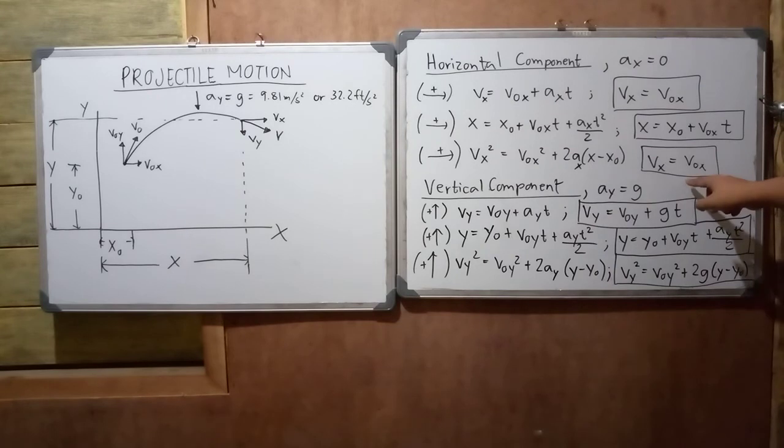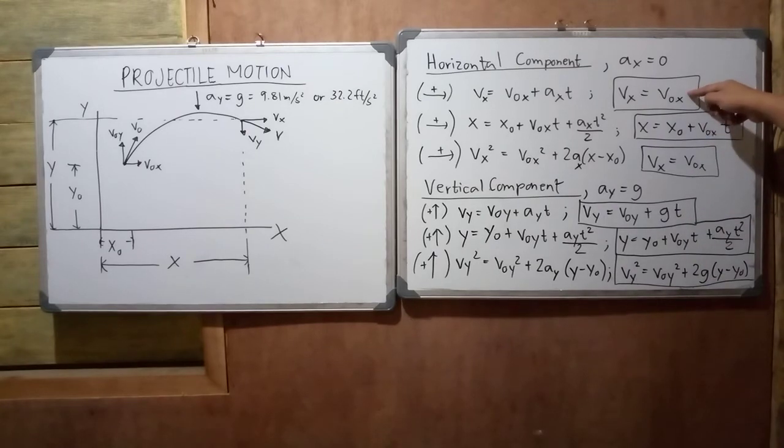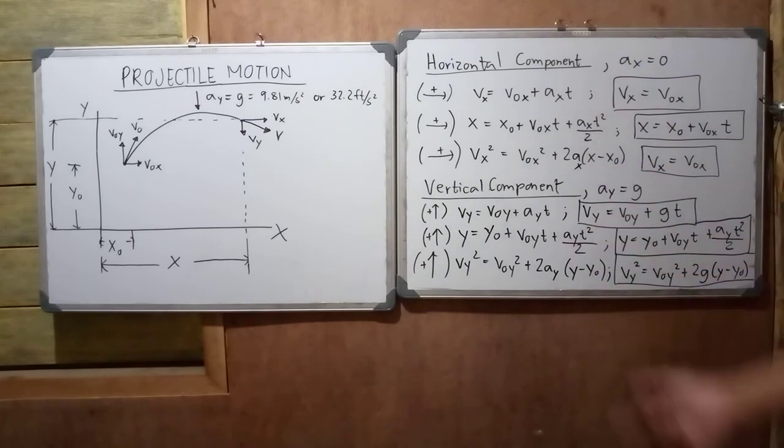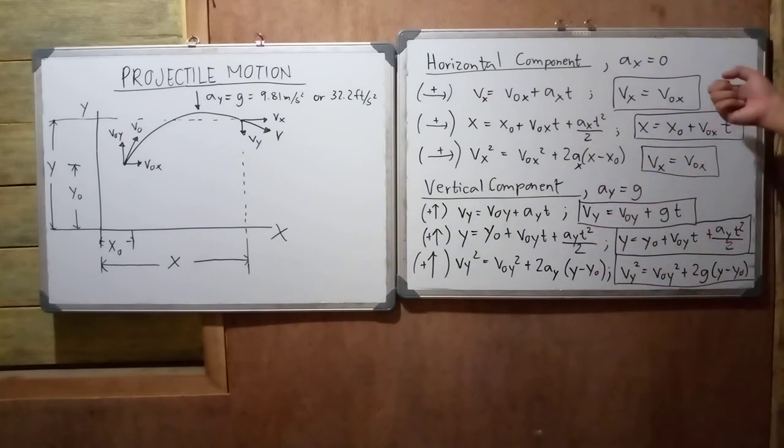So we get this formula. Ibig sabihin, along horizontal component, consistent lang yung velocity mo. Yung initial velocity mo along x component hanggang sa at any point along your projectile, the same lang siya. Vx is equal to v sub ox.